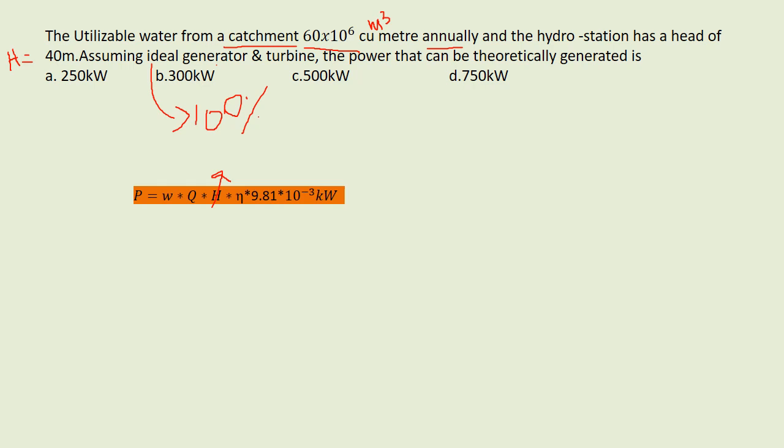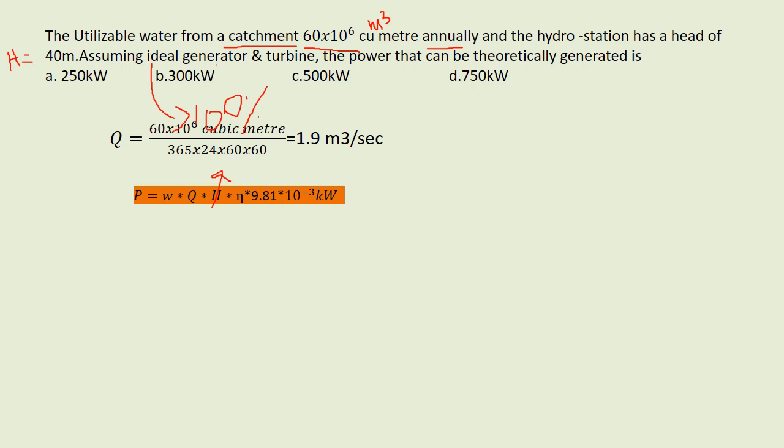Q is in cubic meter per second. We have cubic meter, but we need to convert it into per second. Q is 60 into 10 raised to the power 6 cubic meter, and it is given annually, so we need to convert yearly into seconds.